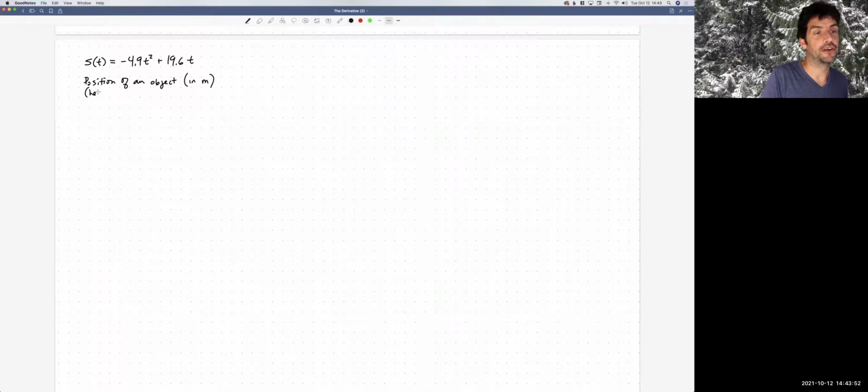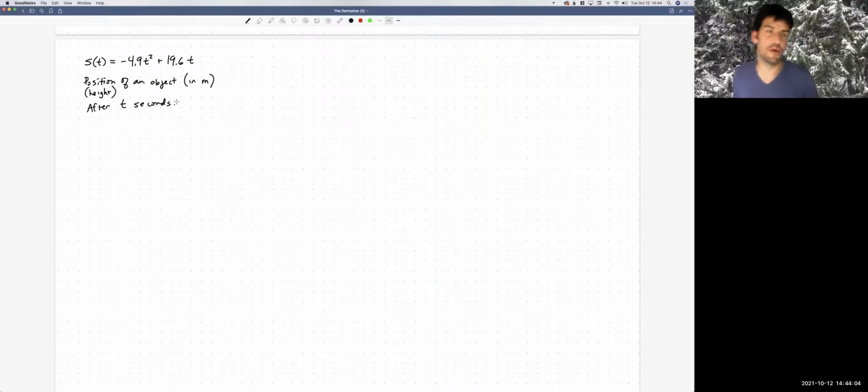And maybe under position, it's the height of an object, in meters after t seconds, right? So this is a reasonable model if you were to launch an object straight up in the air at 19.6 meters per second. This is a good approximation to how high it will be after some amount of time. Right, friction and wind and things like that can change this, but this is a reasonable approximation.